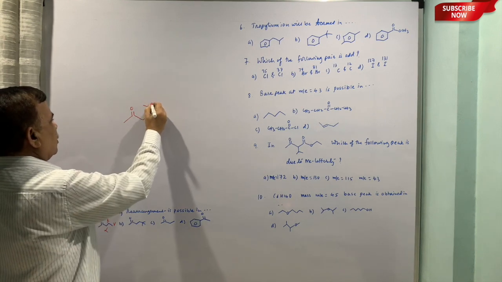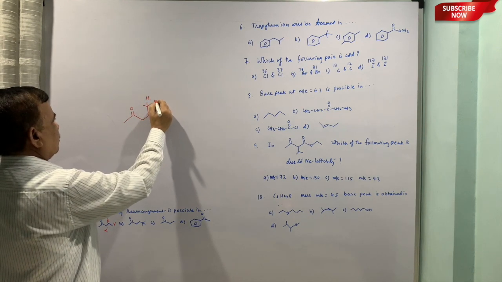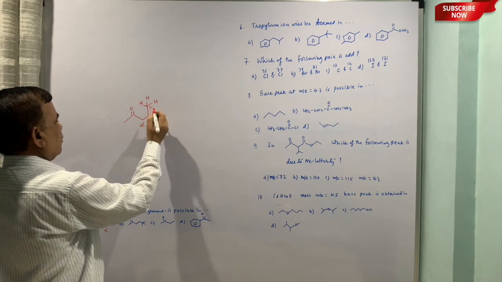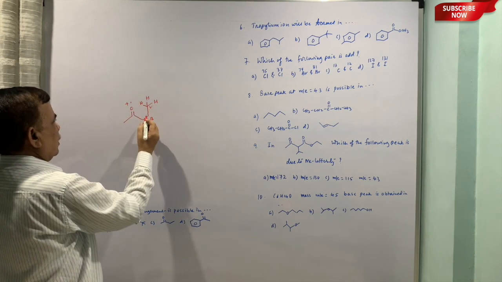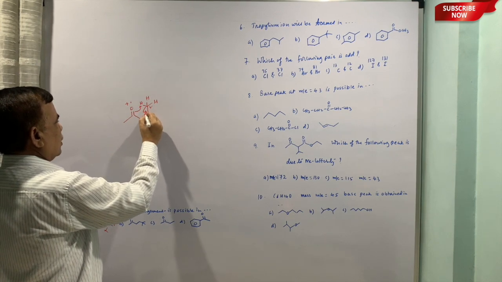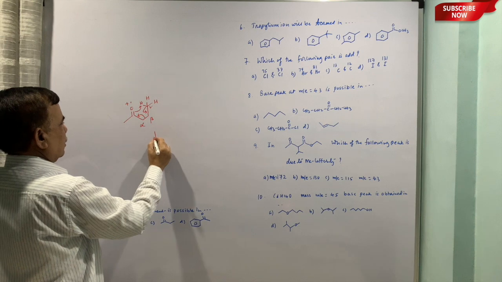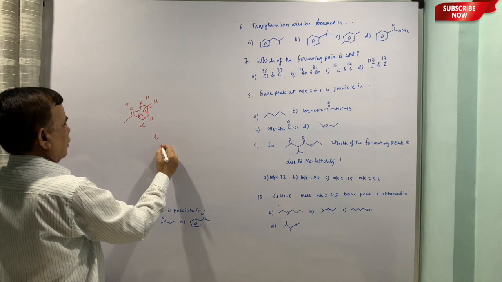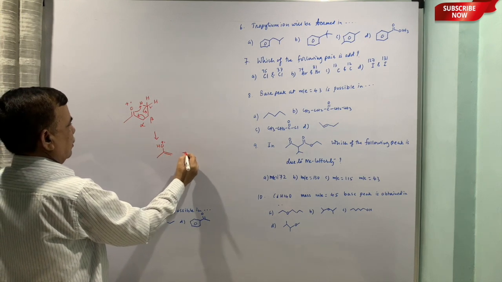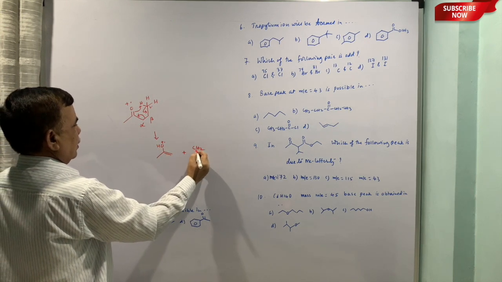So, gamma hydrogen I am going to put. These are relative numberings, gamma hydrogens, and then you can simply use this method: OH radical cation plus ethylene.